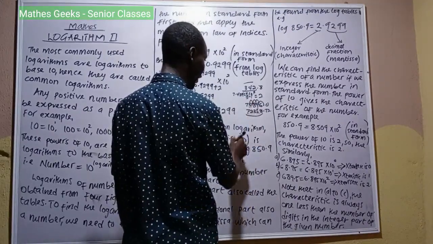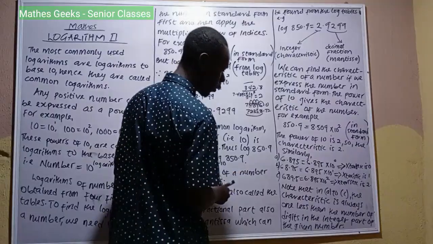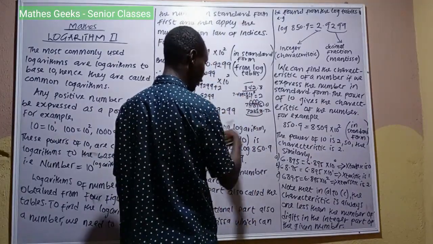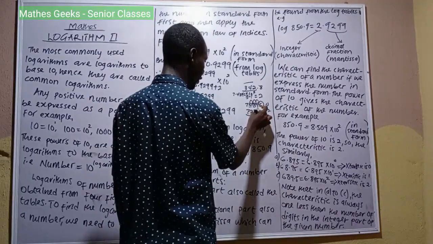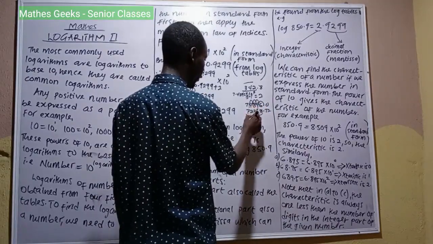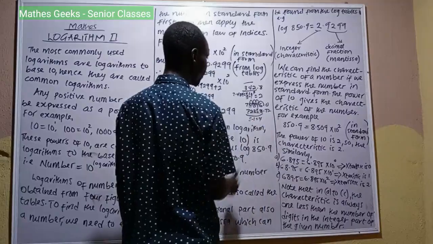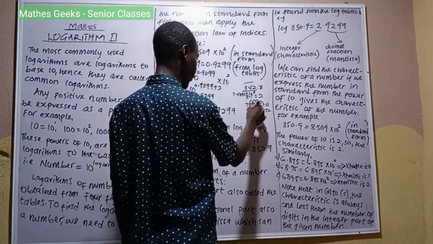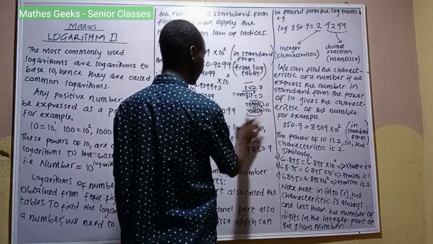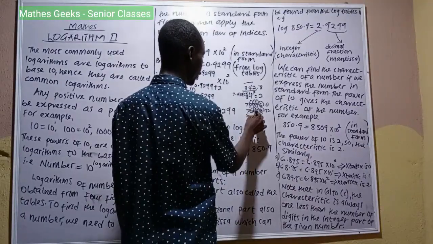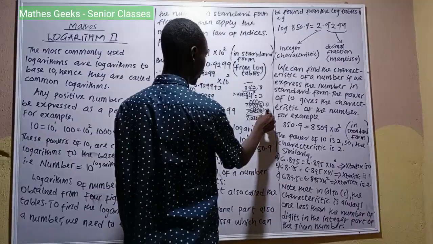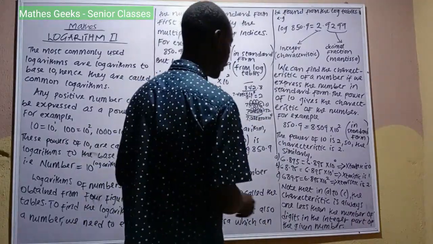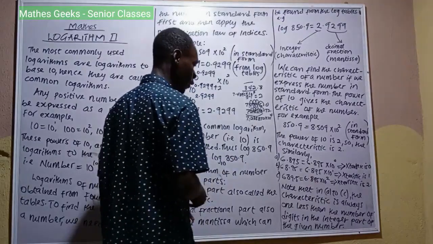So 1 less than the number of digits in the integer part will give the value of the characteristic. So we have 5 digits here, and 5 minus 1 is equal to 4. So let's express it in standard form. 1, 2, 3, 4. So that will give us 7.235872 times 10 raised to 4. So 4 is the characteristic. So that's how we get the value of our characteristic.